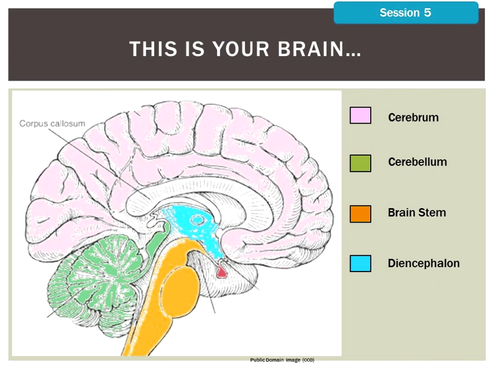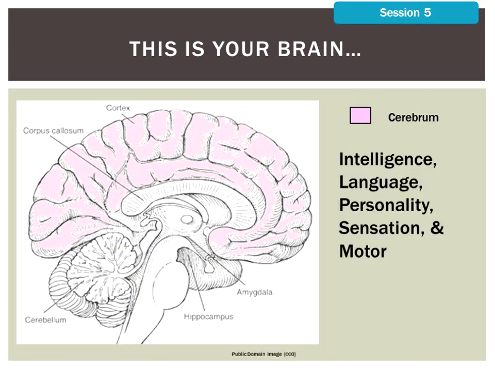Alright, so let's talk a little bit more about the cerebrum. Again, these are the major big hemispheres. We have two hemispheres, two halves of the brain, and these big large parts are called the cerebrum.